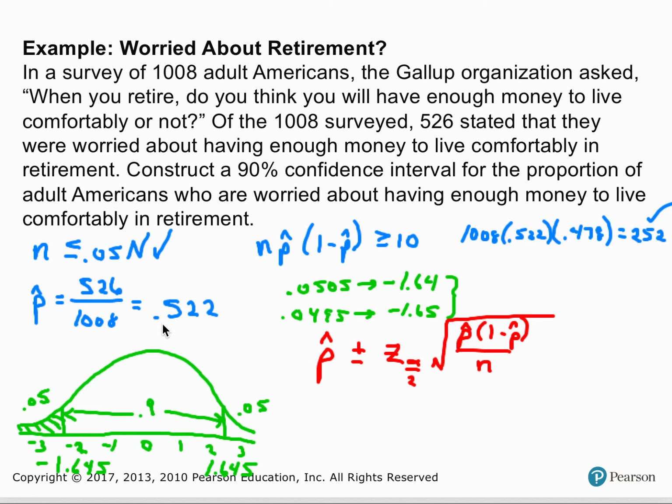Okay, so 0.522 minus 1.645 times the square root of 0.522 times 0.478 all over 1,008.